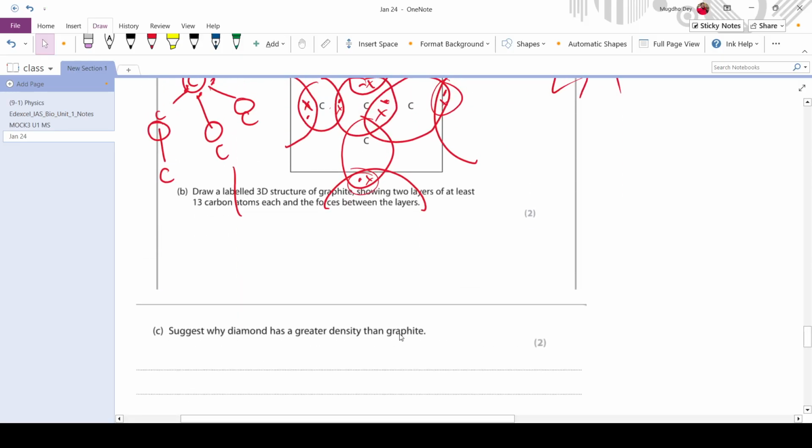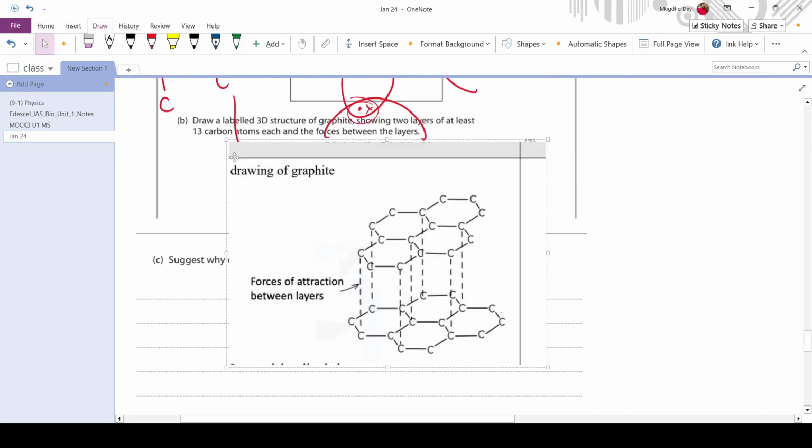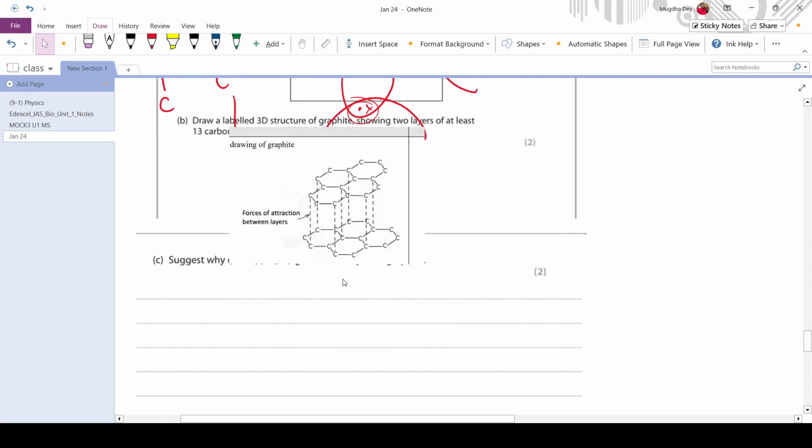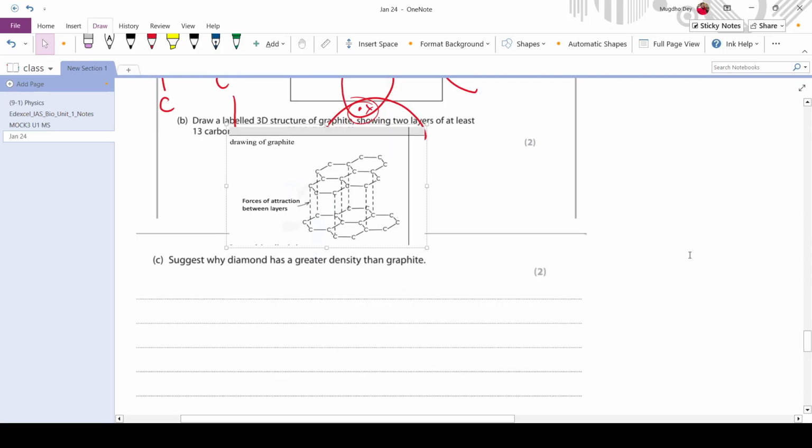Okay. Draw a labeled 3D structure of graphite. This is very simple, isn't it? Like this is how you draw it. Graphite is a layered structure. You didn't know? Which carbon to which carbon, from every carbon basically.